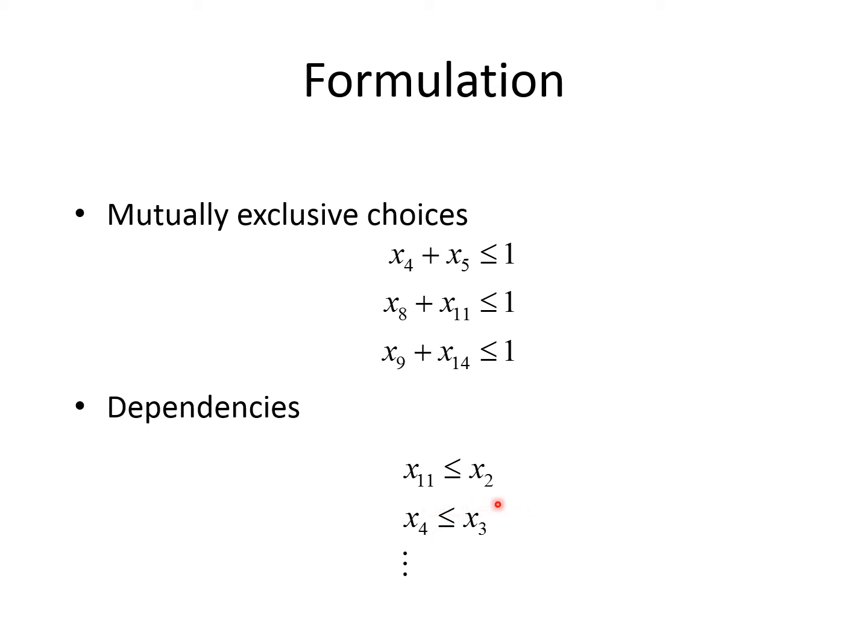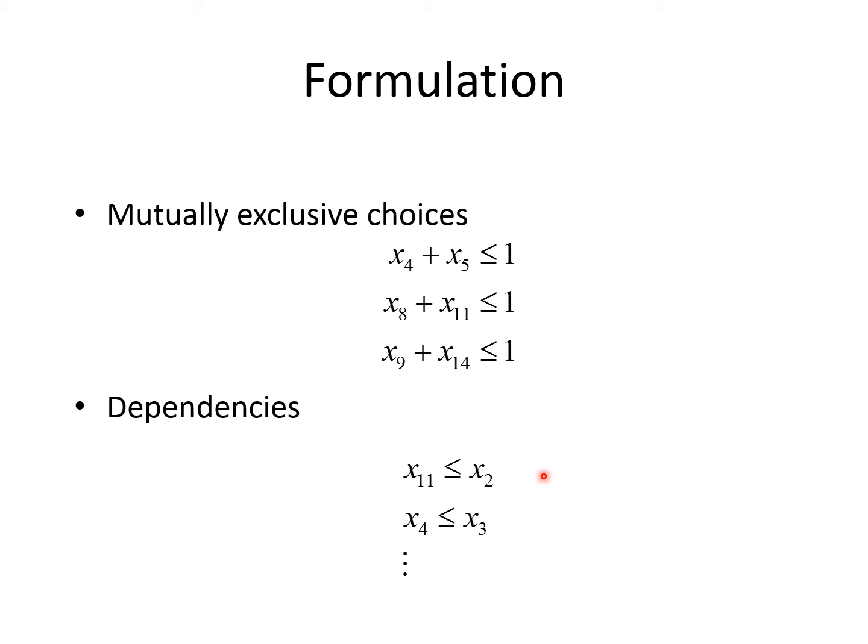You cannot do 11 unless you have done 2, and that's why x11 minus x2 should be less than or equal to 0. So if x11 is 1, then x2 must be 1. Then it becomes 1 minus 1, which is 0, and that's allowed. Negative is allowed too, because if you don't select x11 but you do select x2, then x11 minus x2 would be negative, which is fine.